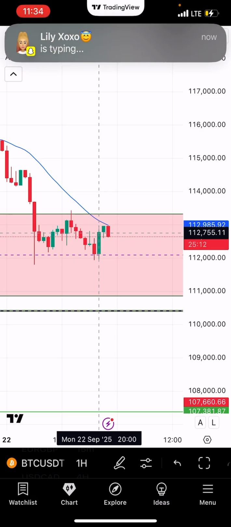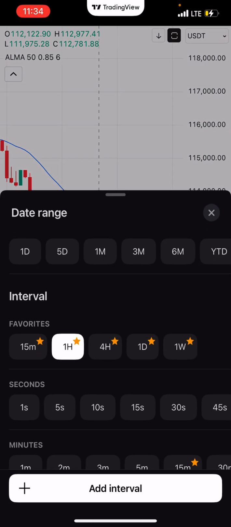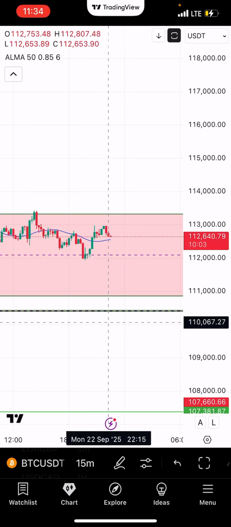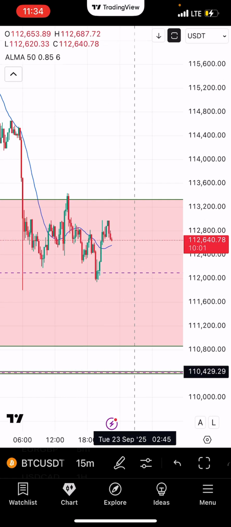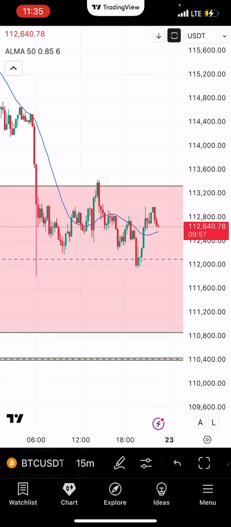Then from this, let's go to our 15 minutes time frame to get a precise entry for this market. When you check this 15 minutes time frame, you see that it has broken our moving average.